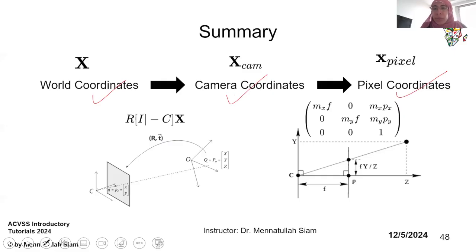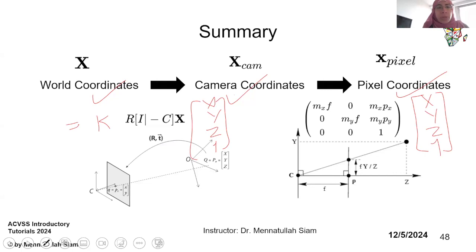At the end, you start from a 3D point, X, Y, Z, and 1, and after multiplying by K, you end up with X, Y, 1 in pixels.